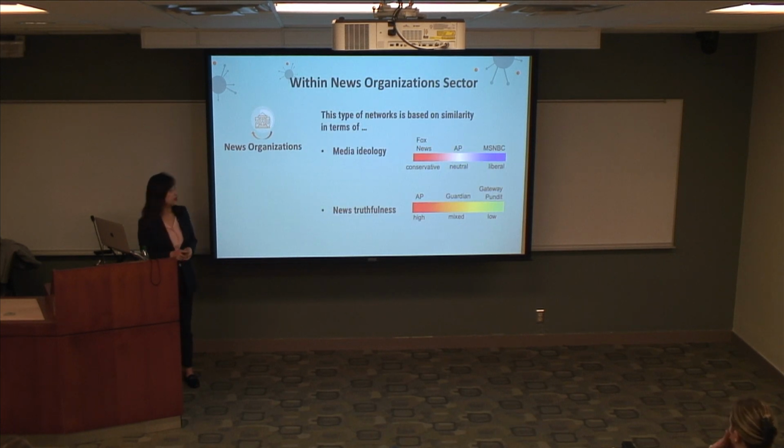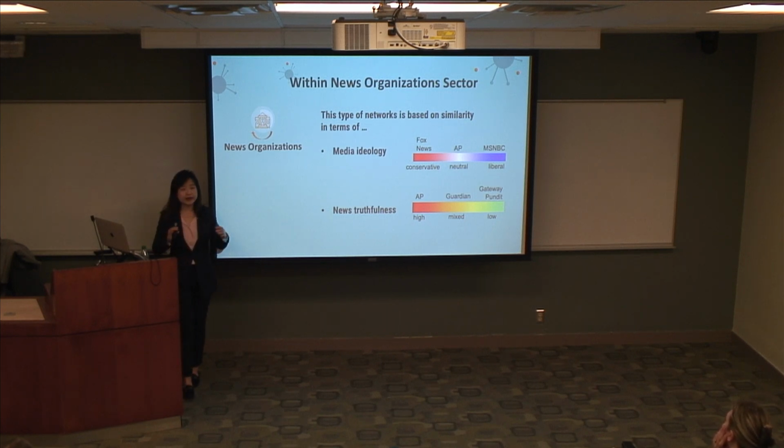The next network is within the news organizations sector. This type of network is based on the similarities in terms of media ideology and news truthfulness. Imagine that we have two continuums. One continuum is about media ideology. The other continuum is about news truthfulness.